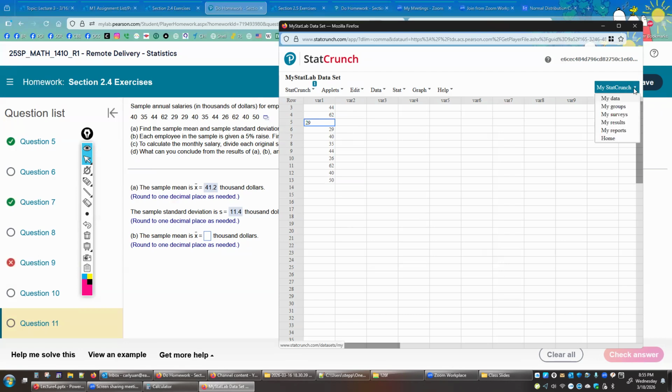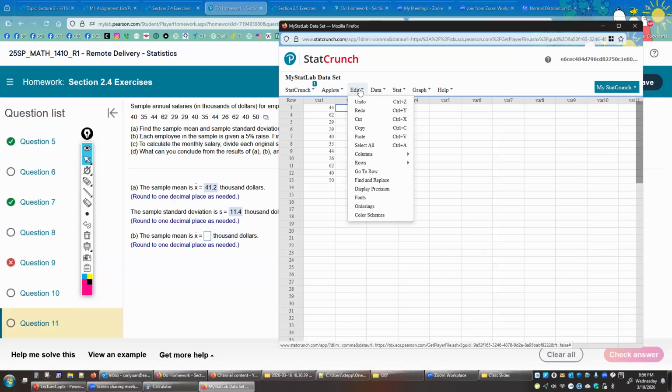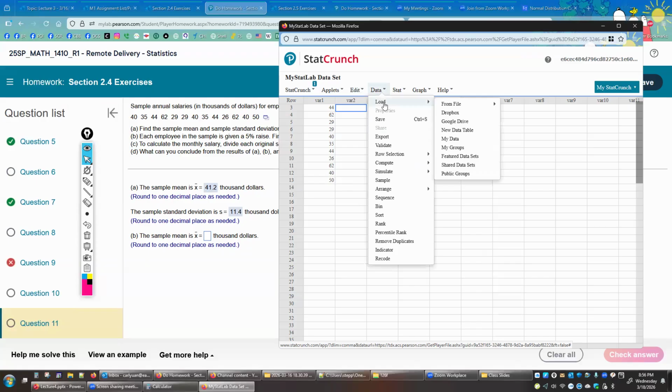Is there an easy way to do this? Let's see. Columns, rows. Compute.